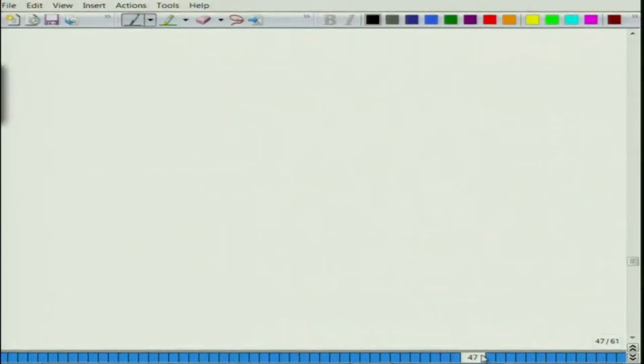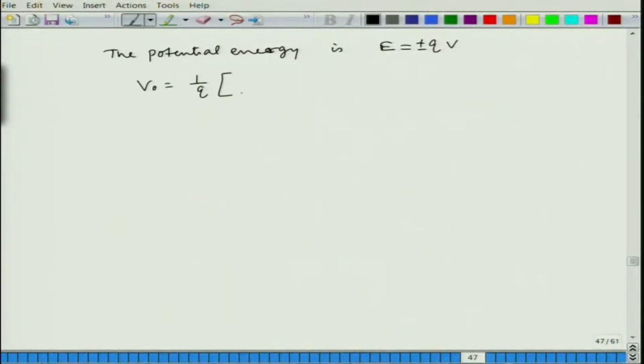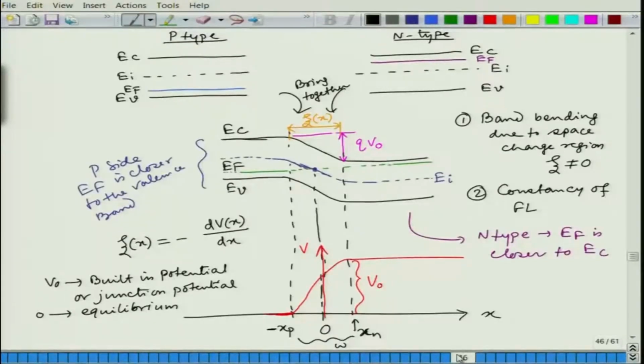So, what we can write? The potential energy is E equal to Q into V, right, and it can be positive or negative depending on the charge. So, here V naught is 1 over Q times E c at minus x p minus E c at plus x n. So, if you look at the figure here, what is V naught?